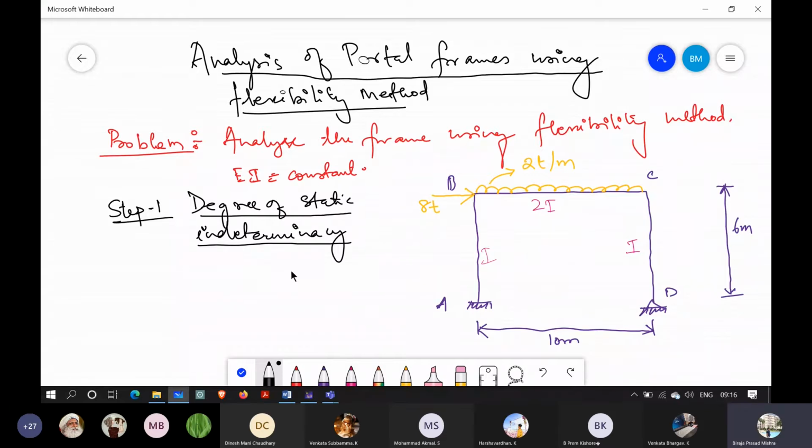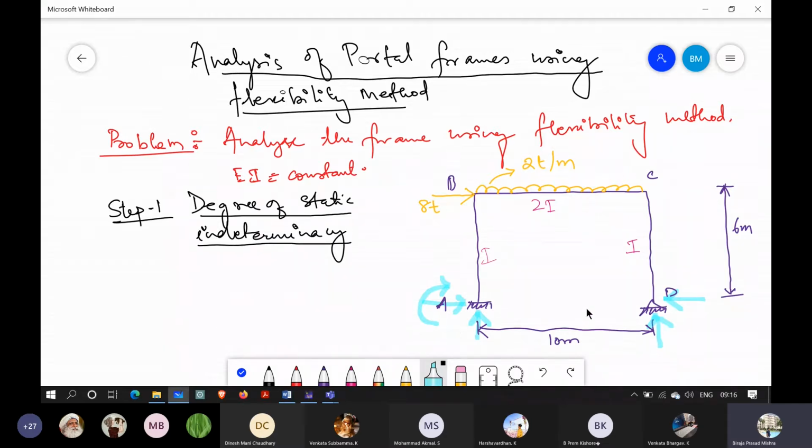As you already know, here we have one vertical reaction, one horizontal reaction, and one moment, and at the other support another vertical reaction and one horizontal reaction. So in total we have 5 unknown reactions.